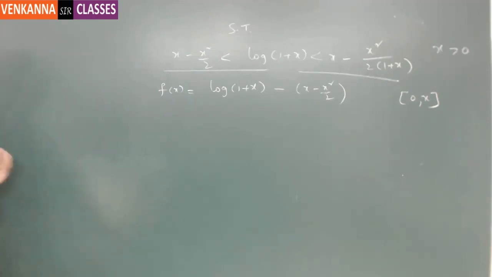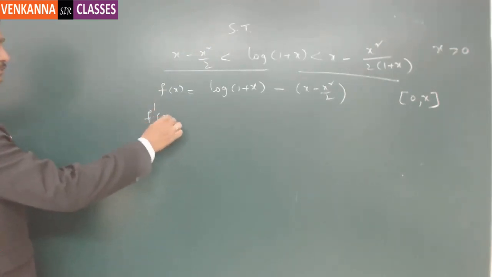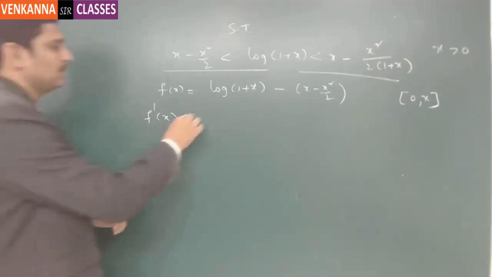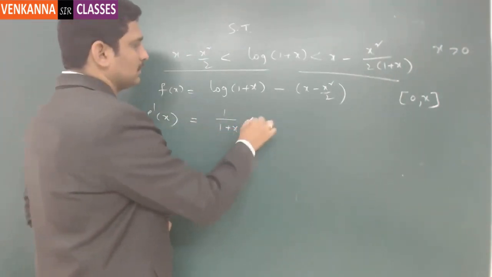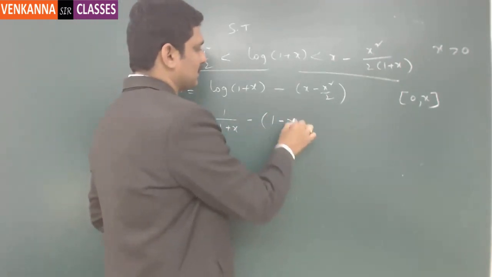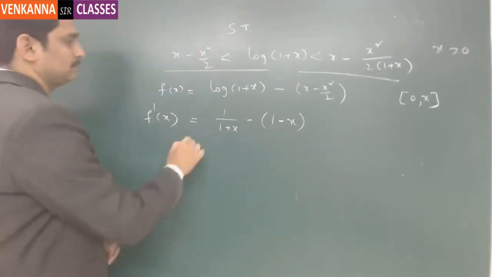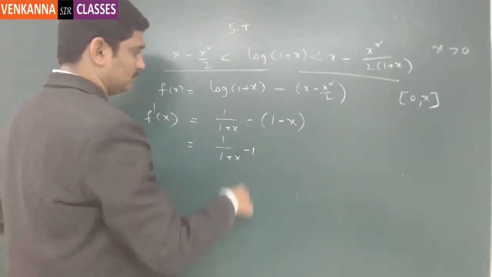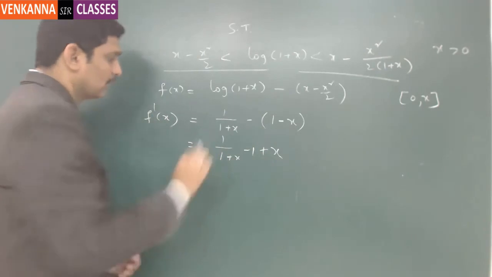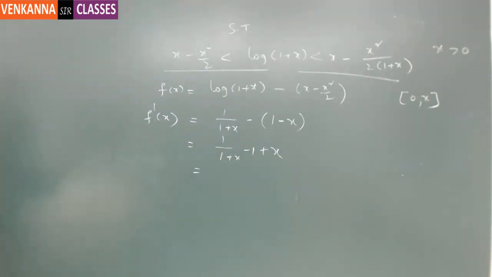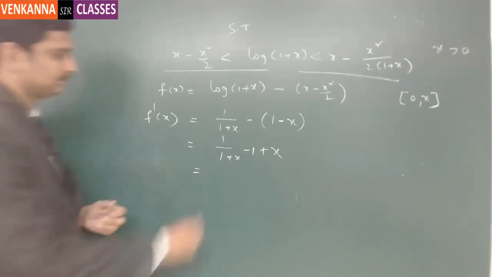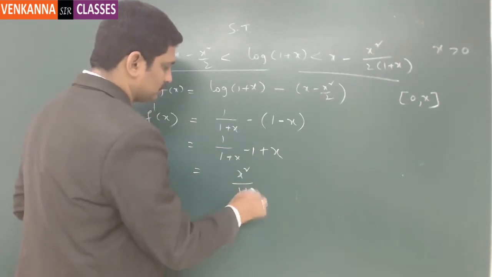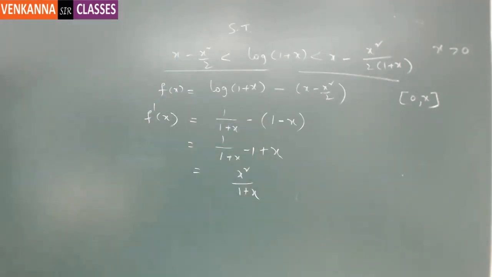Now I am going to calculate f dash of x. It will be 1 by 1 plus x minus of 1 minus x. Can you go for the LCM and give me the result? If you go for the LCM, you are going to get the value x square by 1 plus x.